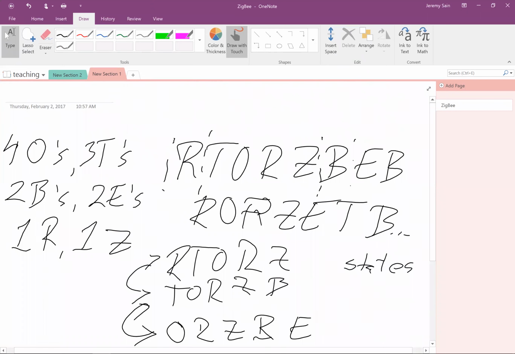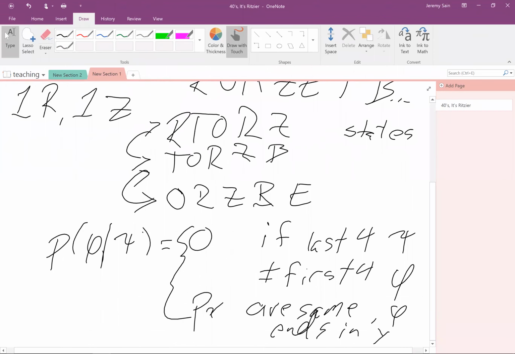So if the new one ends with an O, the probability of hitting the new one, if those first 4 line up right, would be 4 out of 13. If the new one ends in an E, then the probability of hitting the new one, given that those first 4 line up right, would be 2 out of 13, and so forth. So that's the scenario.